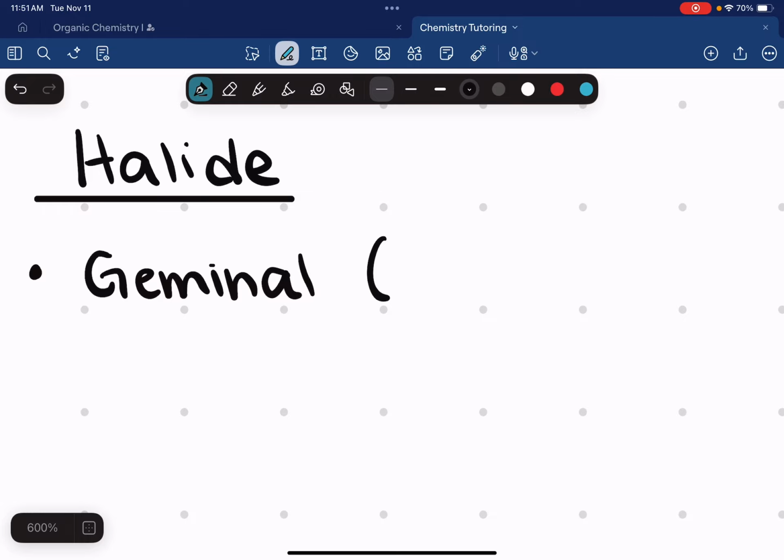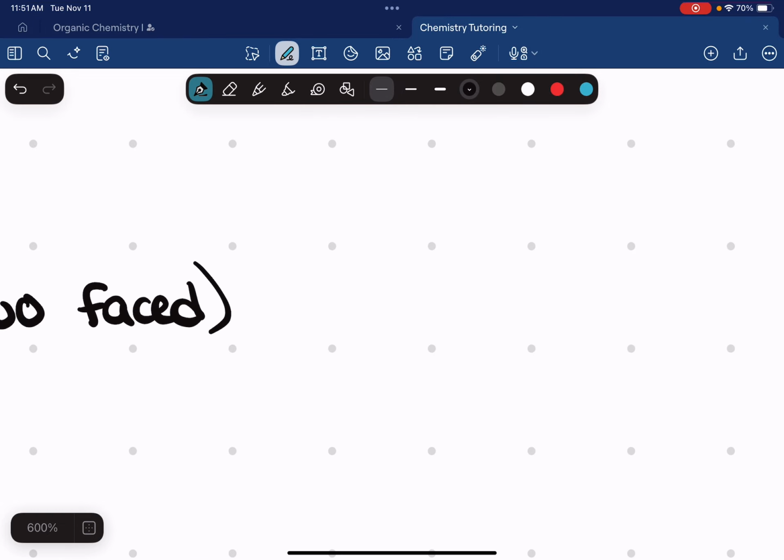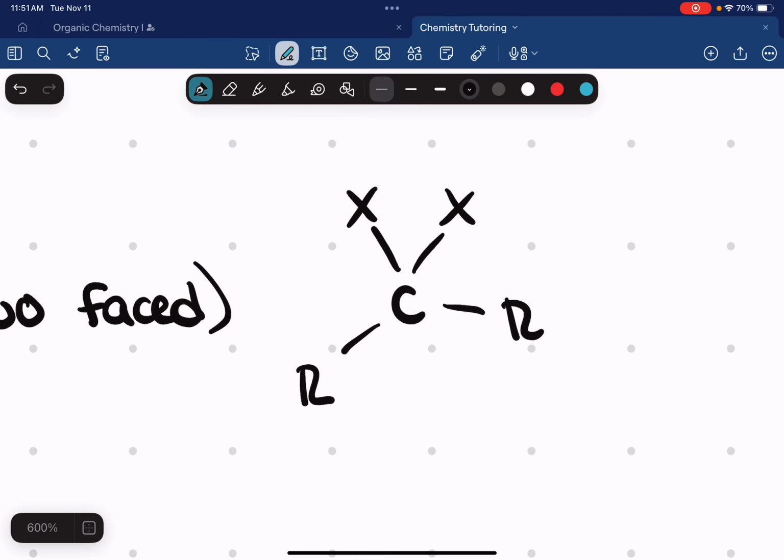Geminis are two-faced. So geminal is two-faced, meaning just the carbon itself has the two halides on it. Right? So this is geminal. There's two halides on the same carbon. Two-faced.